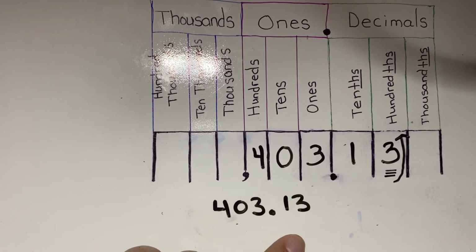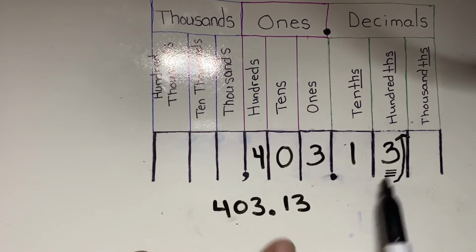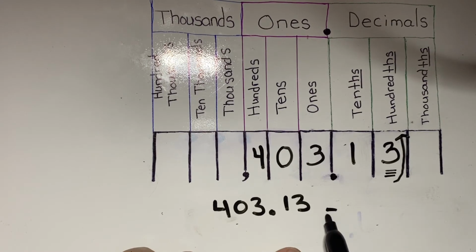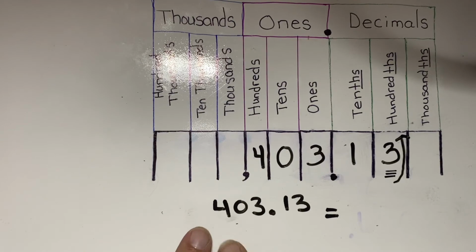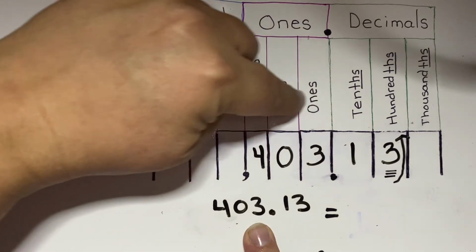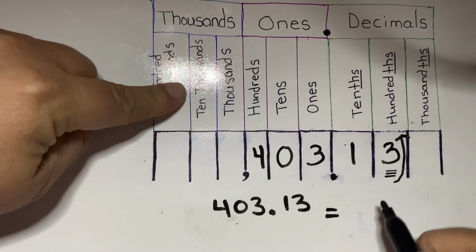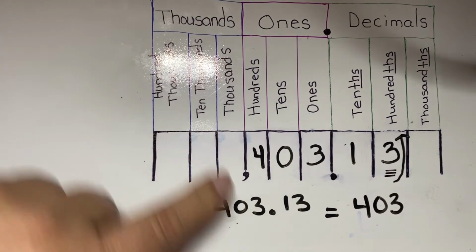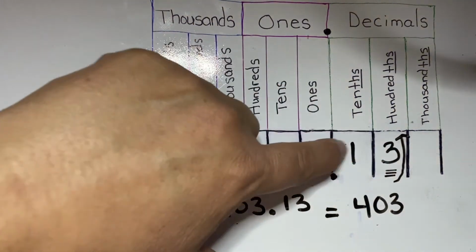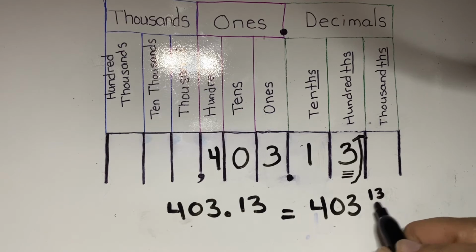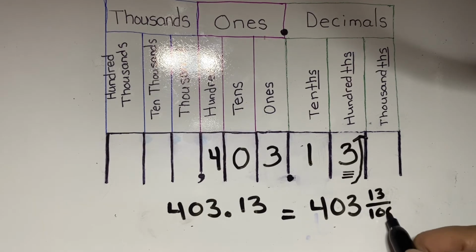That's the hundredths. So I've got 13 hundredths. And as a fraction, here's my whole number. I have 403 of something, right? These are all my wholes. 403 and 13 hundredths. 13 out of 100.